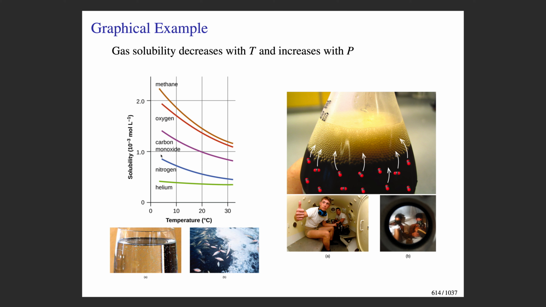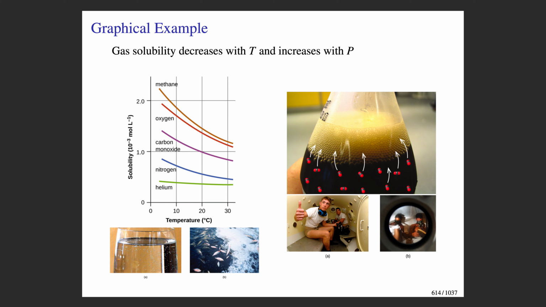You'll see here in the curve for oxygen, if the temperature of the water gets too high, the concentration of the oxygen dissolved in the water decreases, and that could choke the fish if the solubility of the oxygen gets too low.